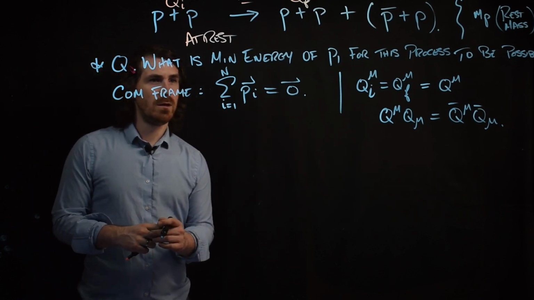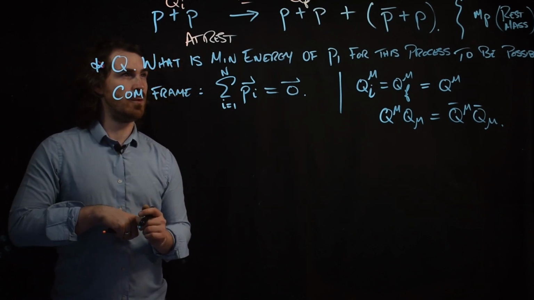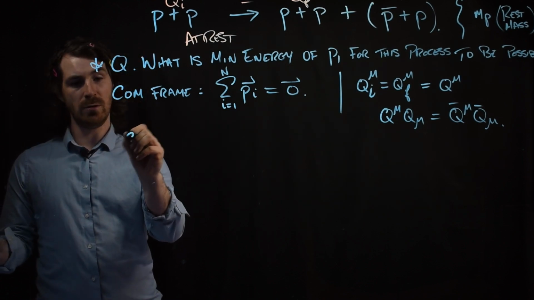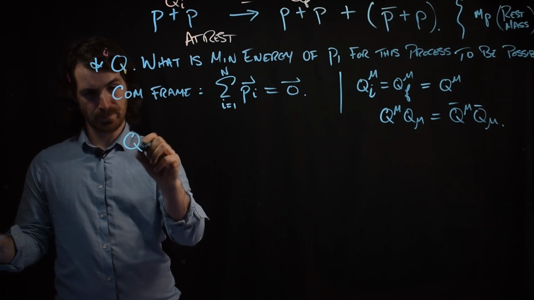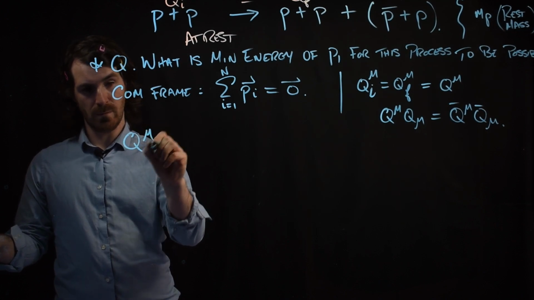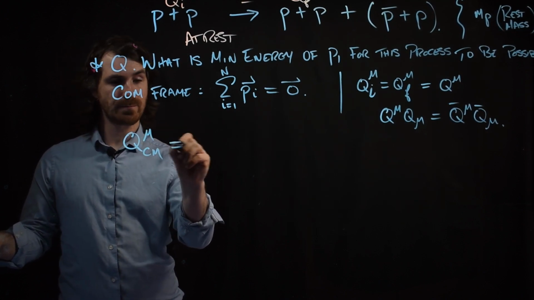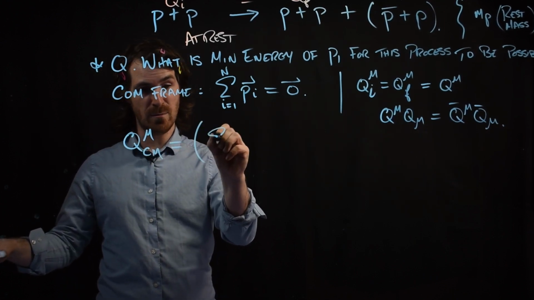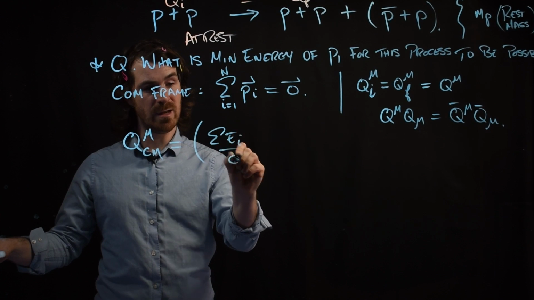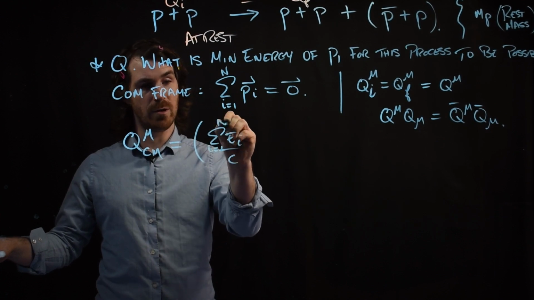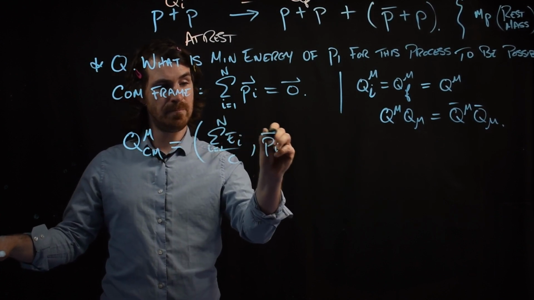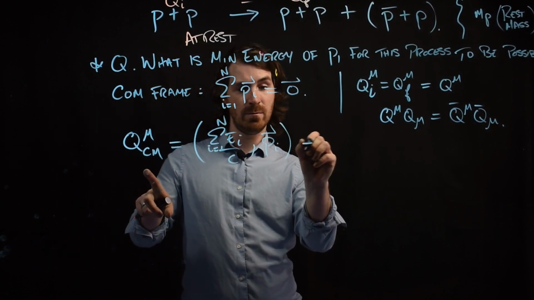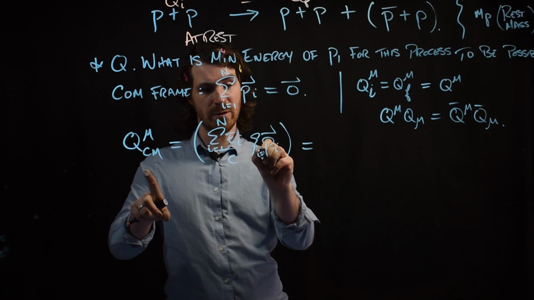So let's go to the center of momentum frame, and the total four-momentum in the center of momentum frame. Our four-momentum is the sum of E_i over c, p_i, for all n particles, with the sum over i from 1 to n.